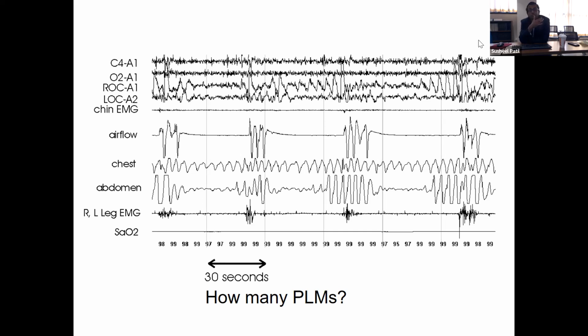What you see with each of these events is that with each apnea, and these are obstructive apneas because there's persistent effort, you've got a leg movement occurring right at the end with these arousals. So in this case, the answer turns out to be 0 because of these respiratory events.